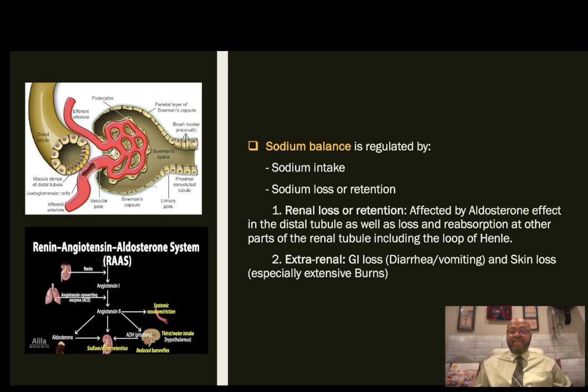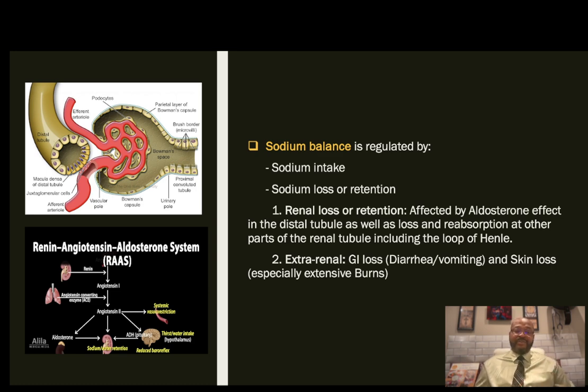As far as the loss or retention of sodium, there can be renal loss or retention affected by the aldosterone effect in the distal tubule, as well as loss and reabsorption at other parts of the renal tubule, including the loop of Henle in the kidneys. I'm assuming, of course, you remember your anatomy. And then outside the kidney, extrarenal GI losses from diarrhea, vomiting, or skin losses, especially with extensive burns.